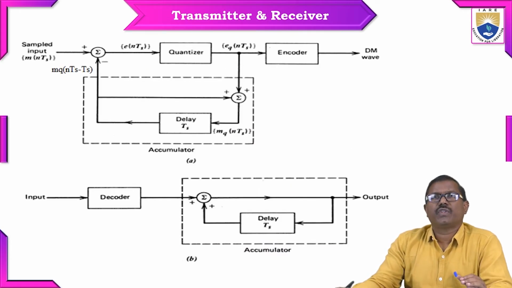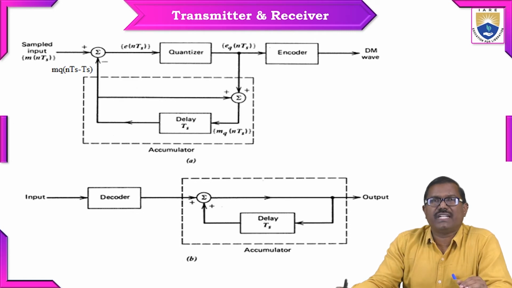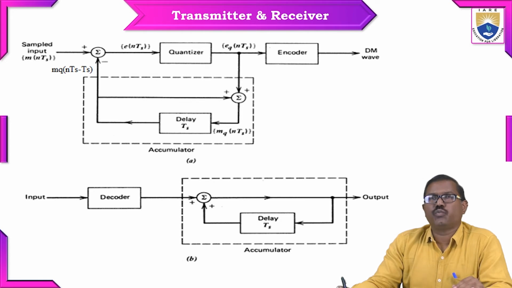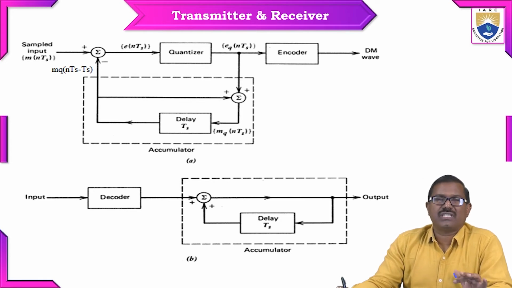So now we can see the transmitter and receiver of delta modulation. In the above, we have shown the sample input. Sample input means the output of the sampler. Here the sampler is not shown, but the output of the sampler is taken as the input to this transmitter circuit.